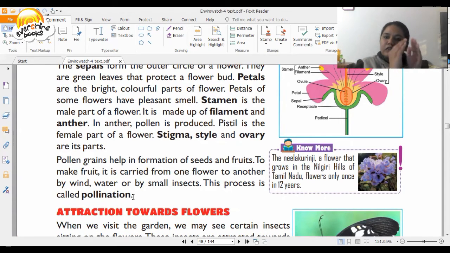So this process of carrying pollen grains from one flower to another, how are these pollen grains transferred? What are the three ways? Through wind, through water and by small insects.